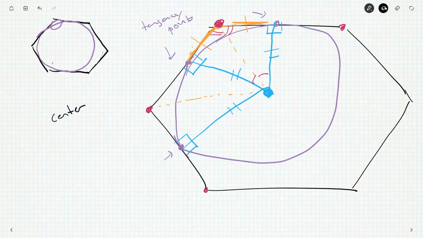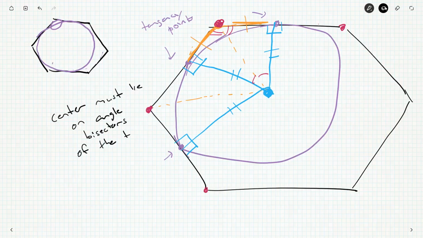So the center of the circle must lie on, what's the word for that, the angle bisectors of the tangent lines.